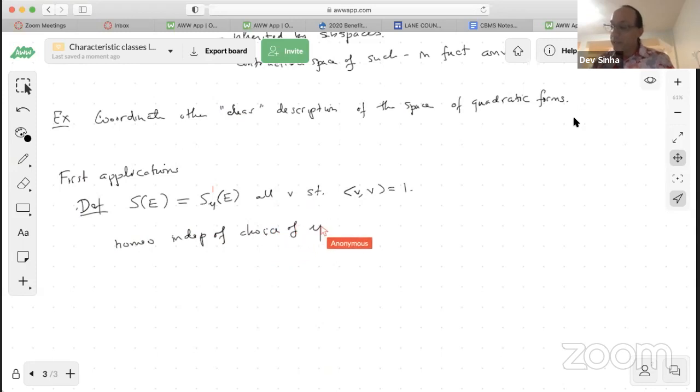Again, if you've got two of these quadratic forms, they're just sort of ellipses, but for every line out of the origin, I've got this correspondence, and that correspondence is going to give a homeomorphism.